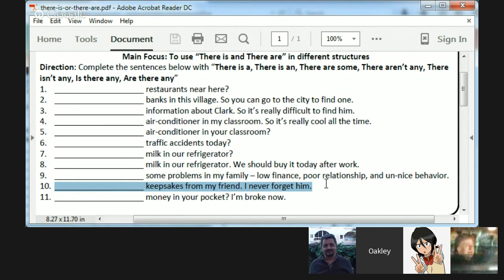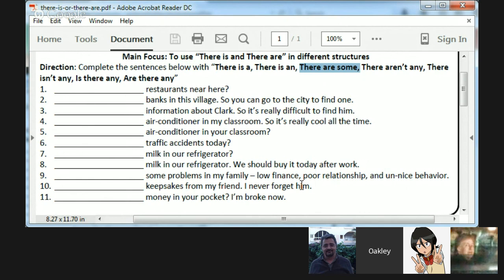There is a keepsakes from my friend. I never forget him. Okay, not is. Keepsake is countable. A keepsake, two keepsakes. So there are some keepsakes from my friend. Okay.